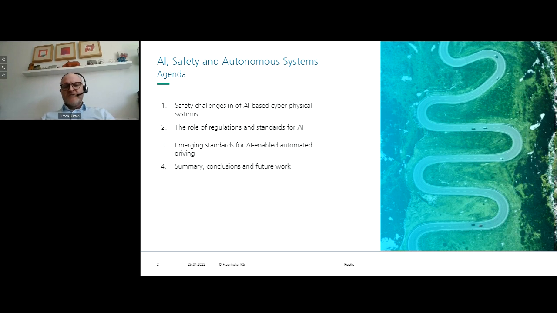I'll give a very quick overview of some of the standardization activities which I'm personally involved in related to the ISO family of standards, and I'll wrap up with some insights into some of the areas of research that we're currently working on and some of the still unanswered questions that we need to work on.